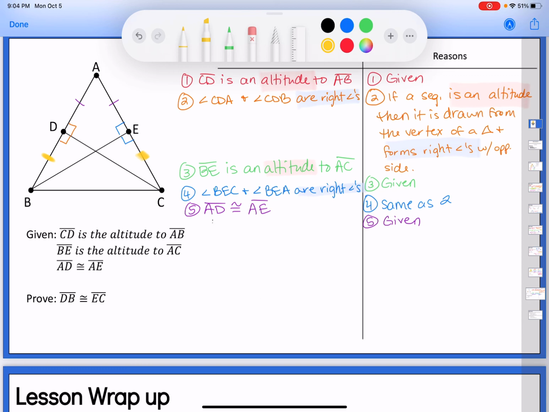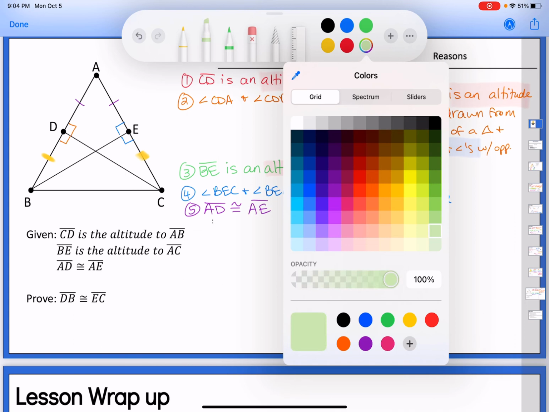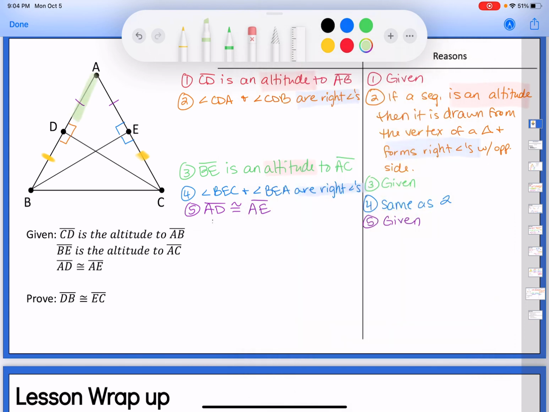What I see is, I'm going to grab a different color highlighter, and I see that I have this segment is the side of this green triangle. I have this right angle here, and I have angle A in the green triangle.